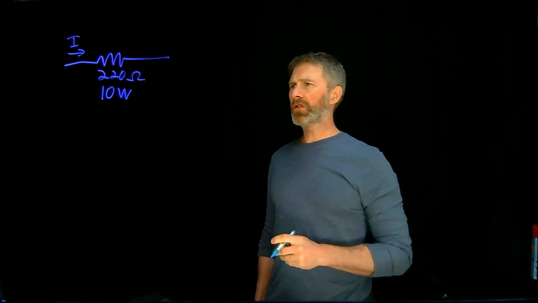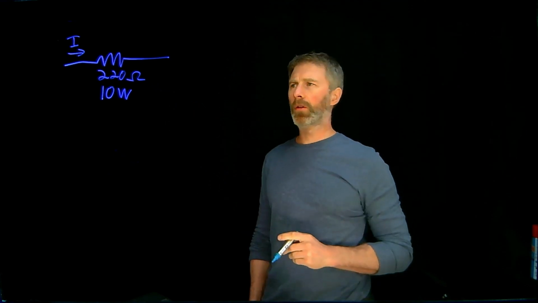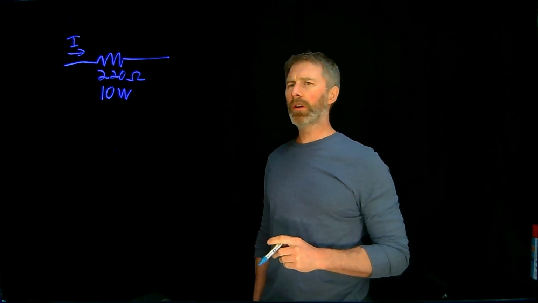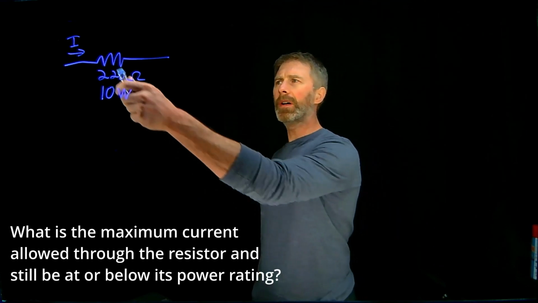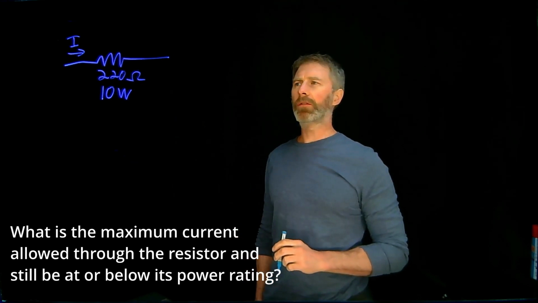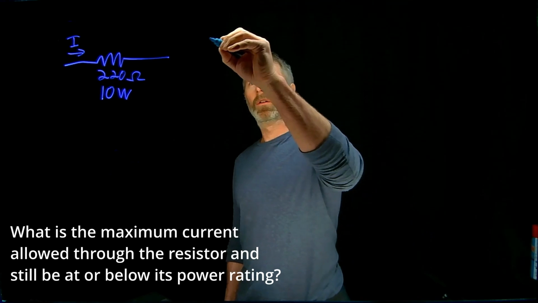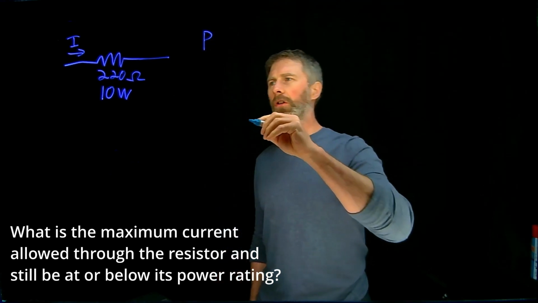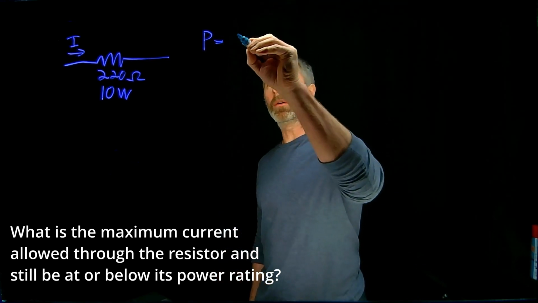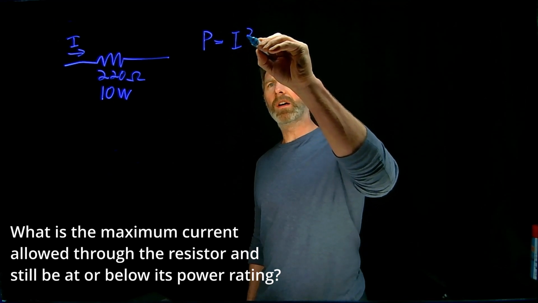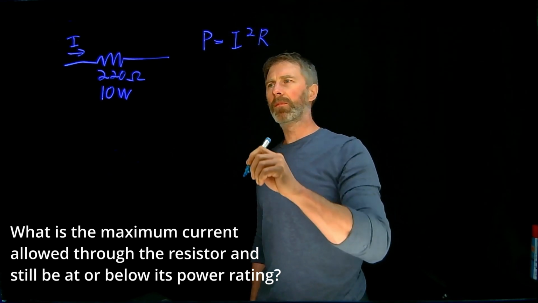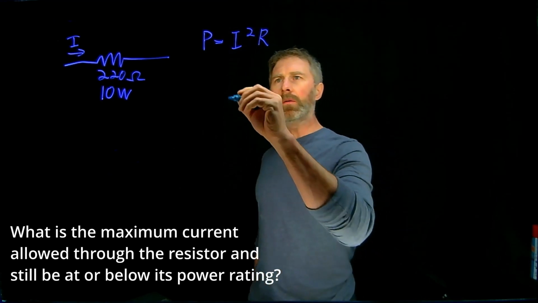A really similar question here. We have a 220 ohm resistor with a 10 watt power rating. What is the maximum current that we can have going through this resistor before it exceeds its power rating? Well, since we've got current and resistance here for our power, we can use the I squared R equation. I is the thing that we don't know.